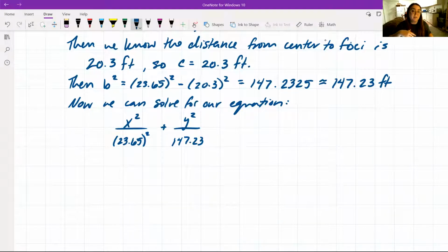Remember, that value is already b squared. Now you can definitely make it so that both denominators aren't just left in squared form.